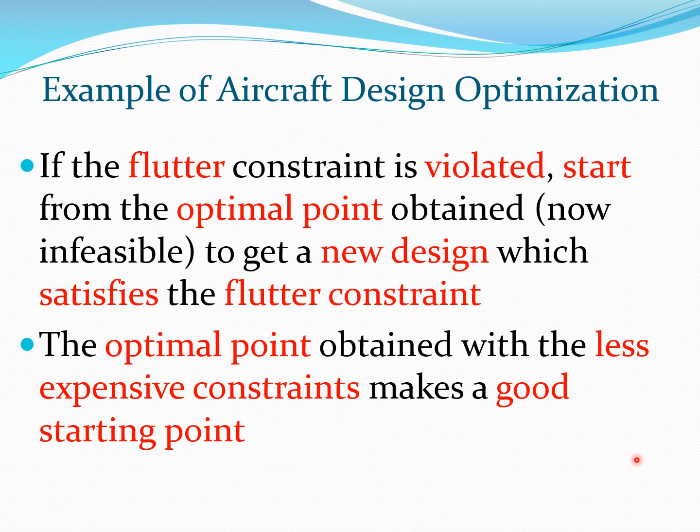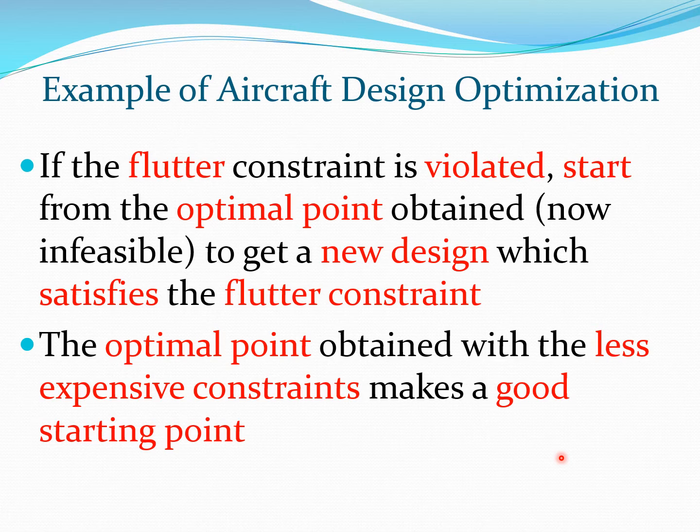Now, of course, this particular point is likely to be an infeasible design because flutter was violated there. And so you have to use some methods such as the penalty type of methods which navigate through the infeasible region. You cannot use a barrier method, for example. But once you do that, you will again reach a good point, a solution point, and this is going to be at the boundary where flutter is an active constraint. So this is a general concept which you can use in many cases, and it depends on the particular problem you are doing, your domain knowledge of the problem, and so on.